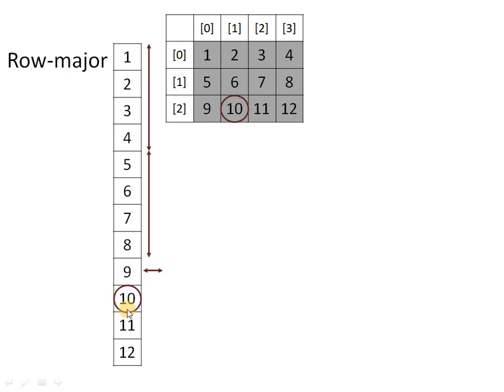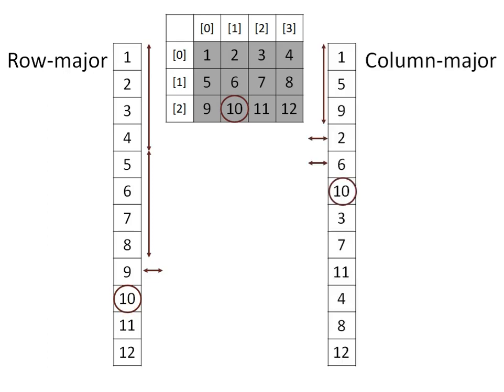On the other hand, if data is stored column wise, that is column major order, then in order to reach 10, we have to skip first column completely, that is the three elements 1, 5 and 9. After that, two more elements will also be skipped to finally reach 10.